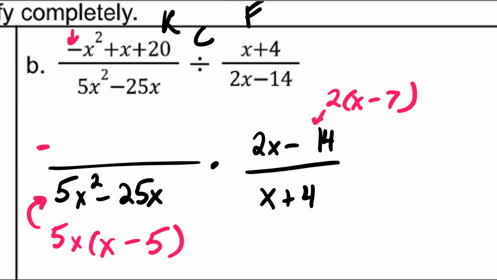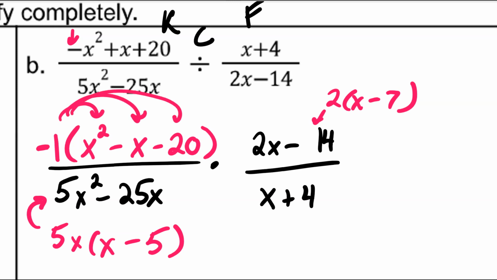Instead of having a negative out in front, I'm going to factor out a negative 1 from all 3 of those terms. Essentially, the effect that has is flipping the signs of each of my terms, such that if I distribute that negative 1 back in, I'd get negative x squared plus x plus 20. The reason I did that is because it's a little bit easier to factor, since I could just think about this as an AM method.